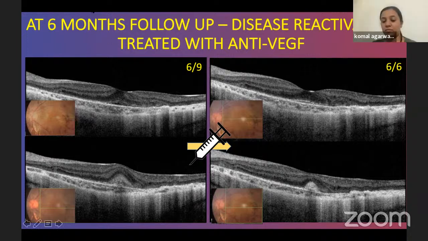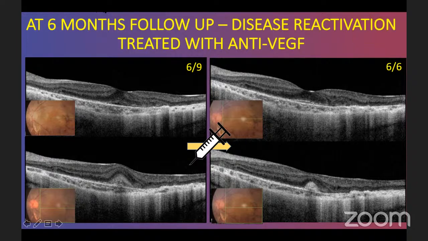Possibilities are there for inducing the CNVM, but as you said, having read many case reports, there is a high chance of recurrence after the TTT also, which even Dr. Divyansh was saying. So it becomes very difficult to say whether it's the TTT which has induced the CNVM or it's a recurrence.